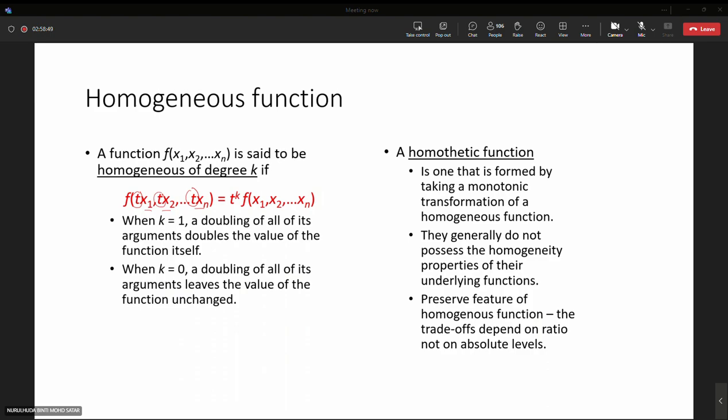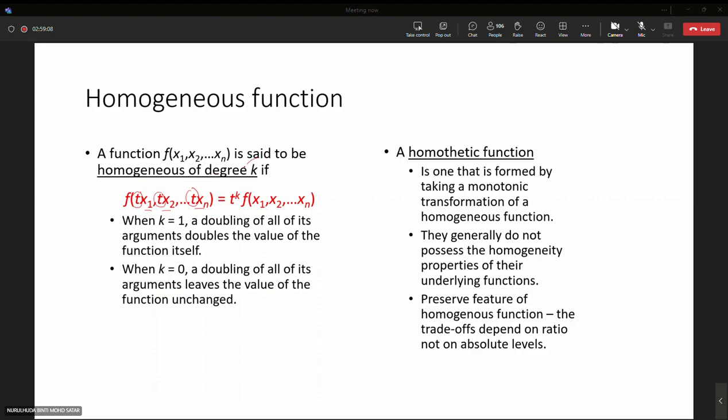That means double the rice and also double the coffee. So what happens to the utility, for example? If it increases at the rate of k, then it's homogeneous of degree k.